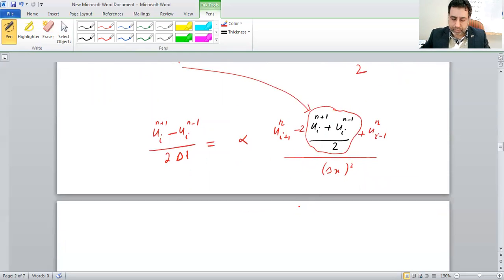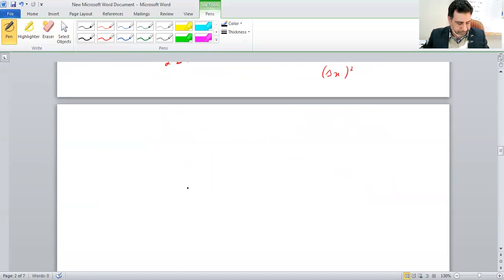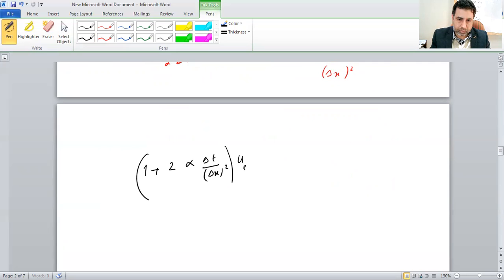And if you rearrange, the solution at grid point i, time level n plus 1, is on the left hand side, and now it is also present on the right hand side. So if you rearrange this, I am skipping some steps, you will get (1 plus 2 alpha delta t by delta x whole square) u_i^{n+1} on the left hand side.